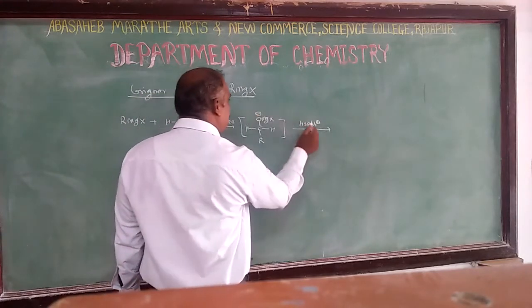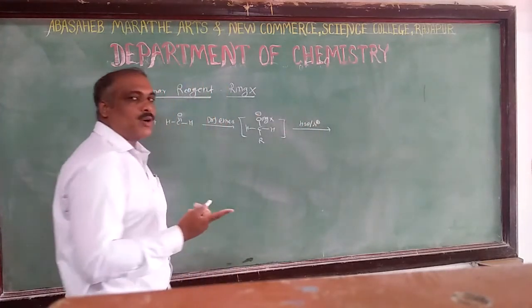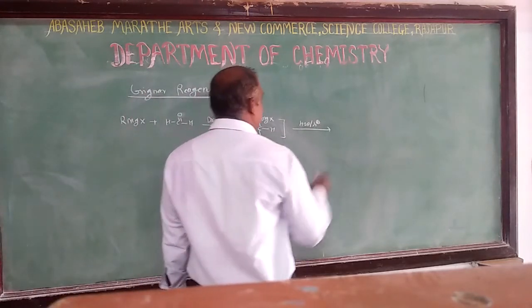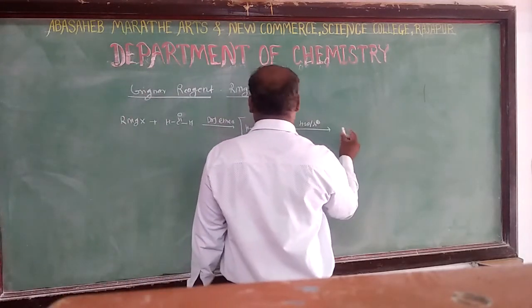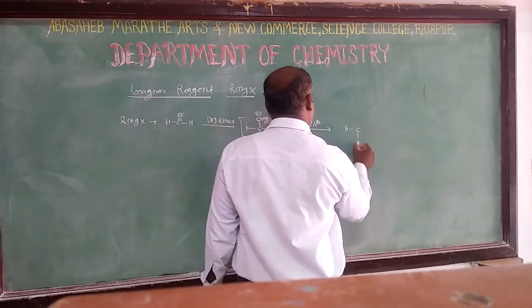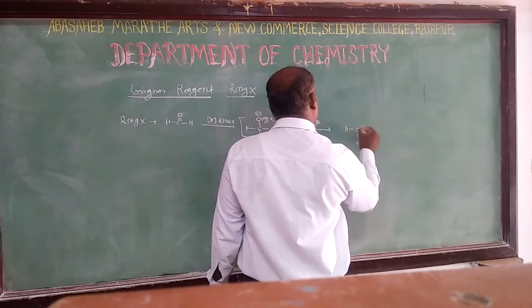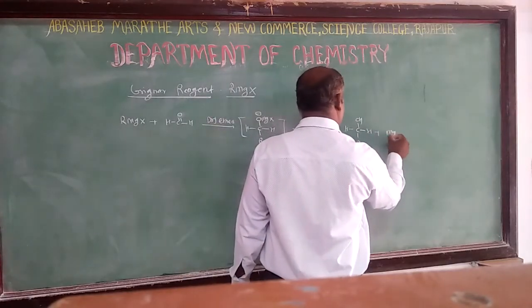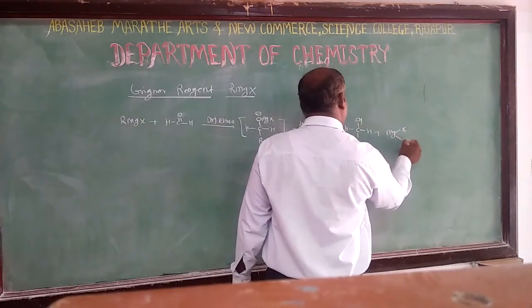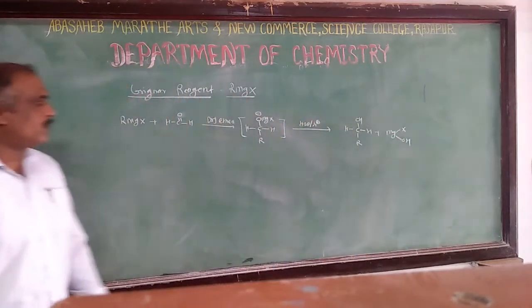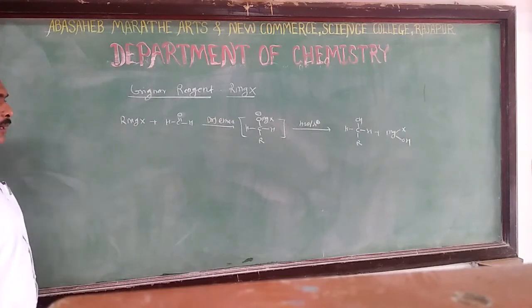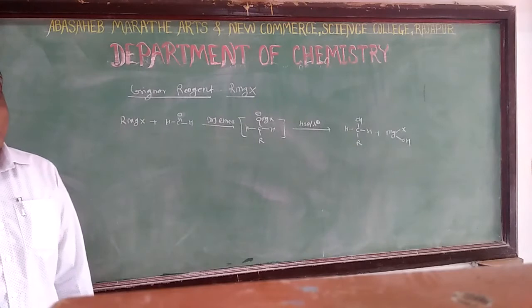O minus picks up a proton and converts to OH. The byproduct is MgX and MgOH. So this is the general reaction for the preparation of various alcohols using Grignard reagents.